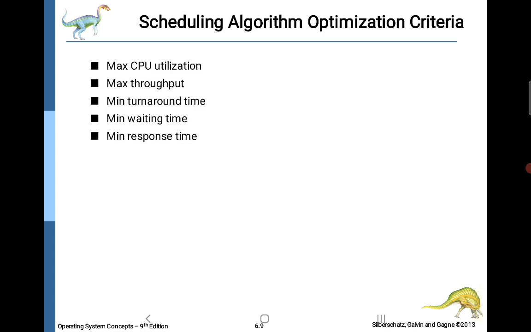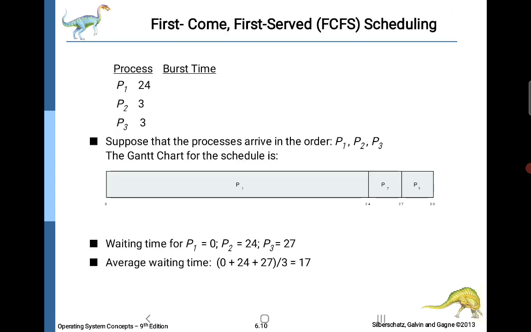We want to maximize CPU utilization, maximize throughput, minimize turnaround time, minimize waiting time, and minimize response time. The simplest, most straightforward way to deal with processes needing to be executed on the CPU is first come, first served.